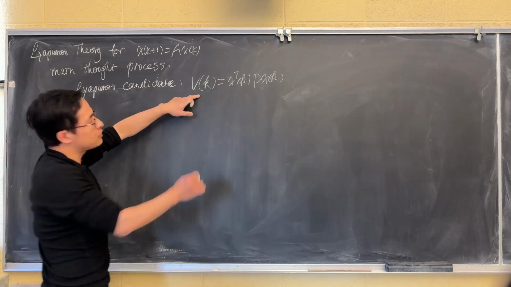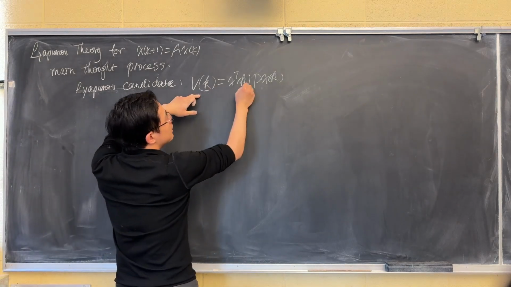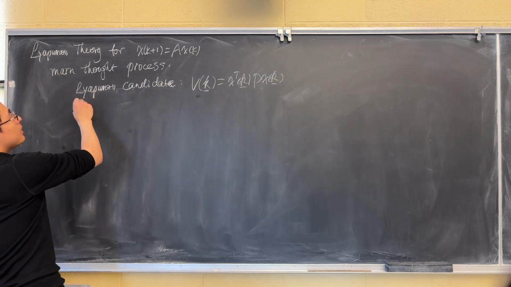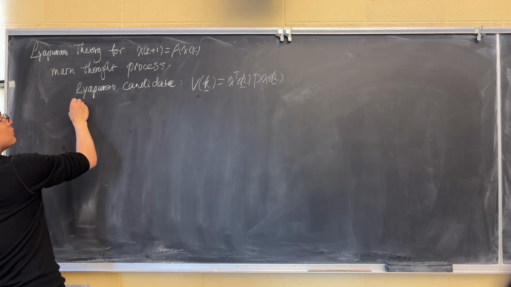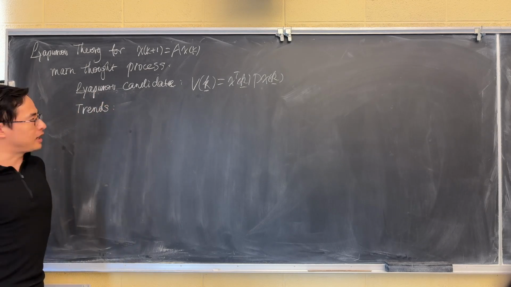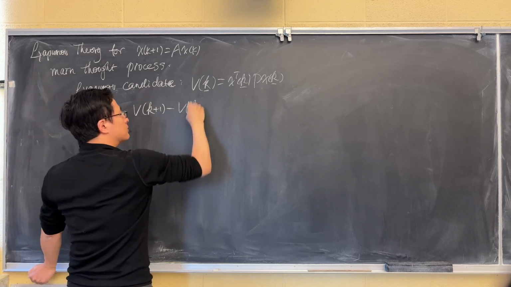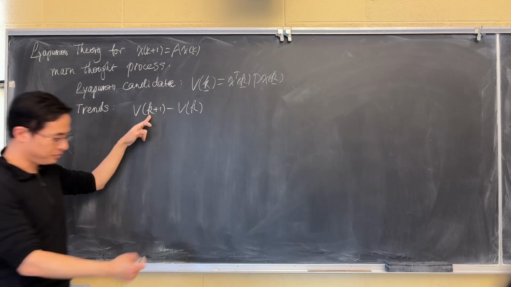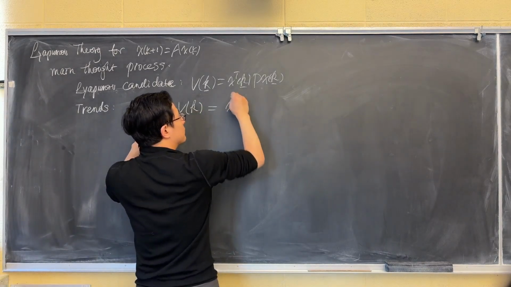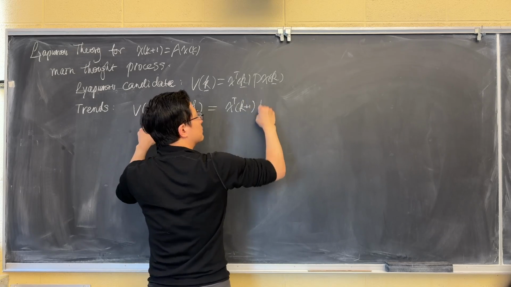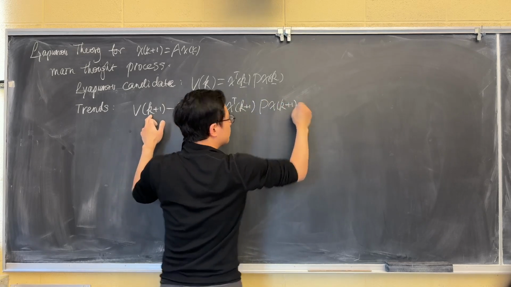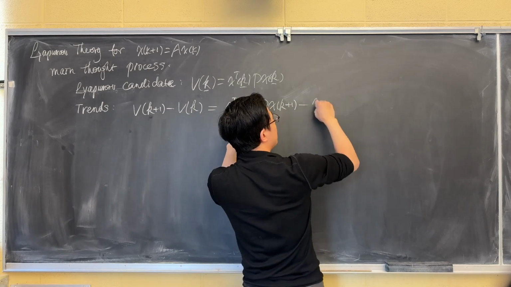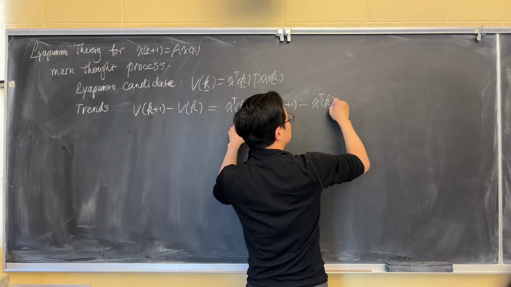Now, this function is defined with k as the time index, so it's not continuous, it is discrete. And then when we evaluate the increase of energy, or the change of the energy function, we look at how it changes with changing time index, or in other words, we look at the difference between x^T_{k+1} P x_{k+1} and x_k^T P x_k.